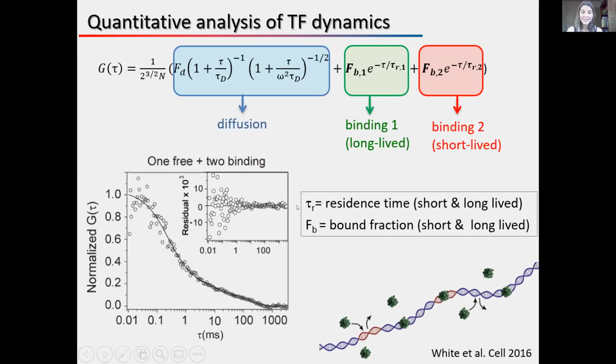First, you can get the residence time, which is the time the transcription factor spends attached to the binding site. The other is the fraction bound, which is the relative amount of the population of transcription factors that are attached to either the short-lived or long-lived sites. So by analyzing the FCS curves, we can obtain information regarding binding.